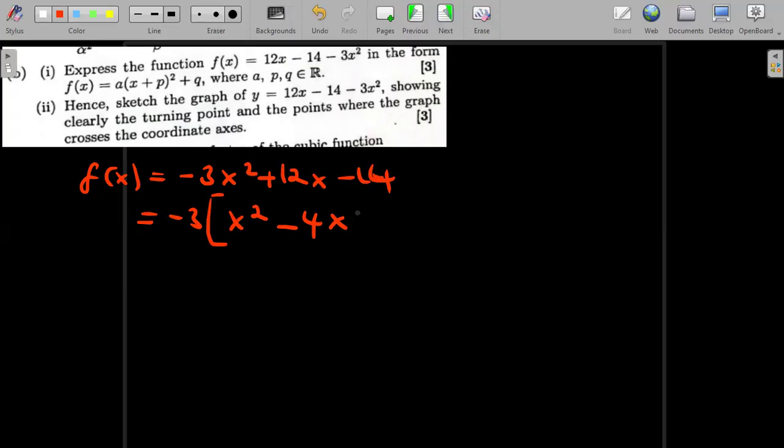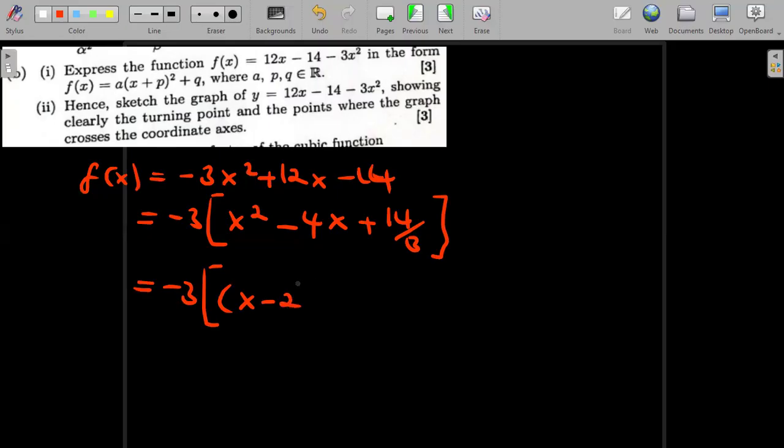Then dividing, I get positive 14 over 3, then I'll have negative 3. Then here I'll bring x, half the coefficient of x, which is 4. Half of 4 is just 2.